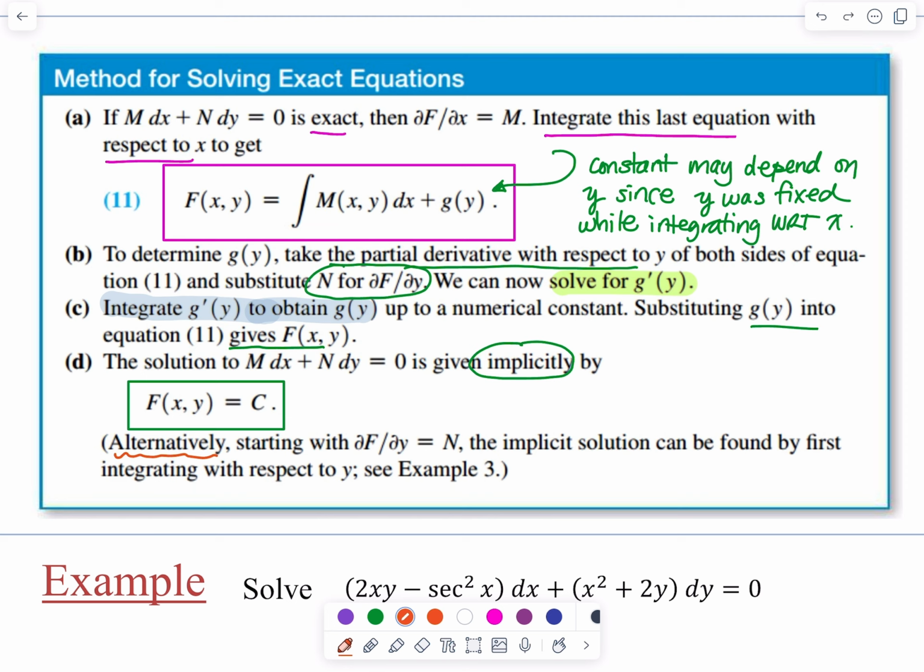And then we would find f by first integrating with respect to y. And we will see an example coming up. We will work an example like this.